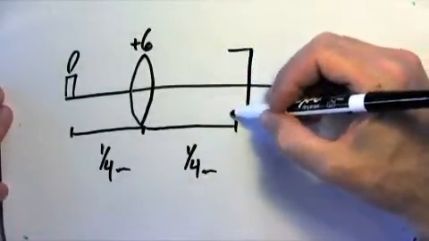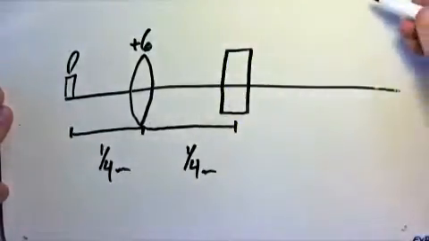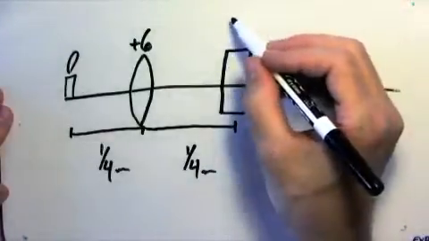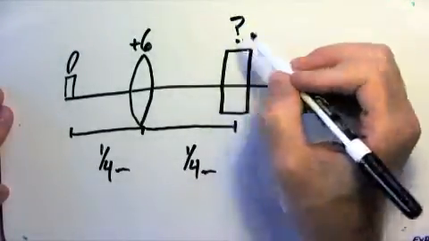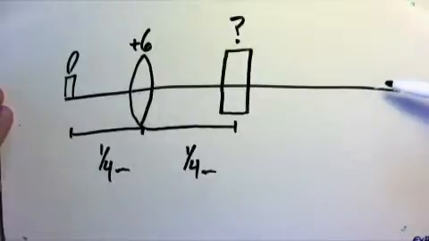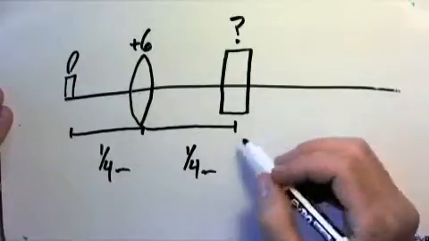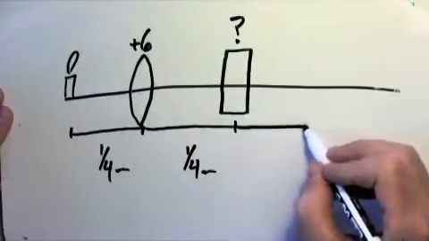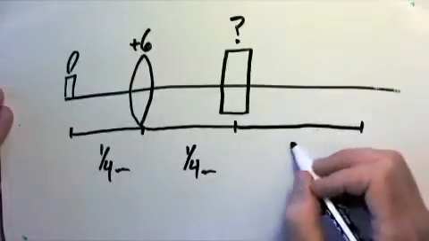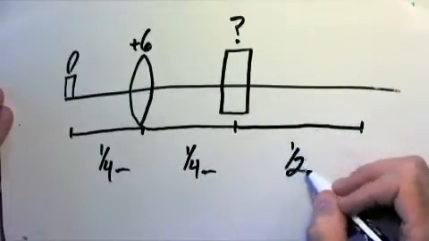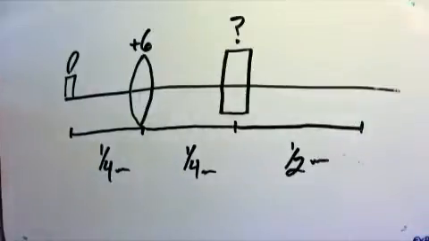And as an unknown, I'm not going to specify whether it is convex or concave. I don't want to give it away. And it is of some power. We don't know what the power is. And then I'm going to tell you that the image is formed 1/2 of a meter to the right. And I want to know a whole bunch of things.